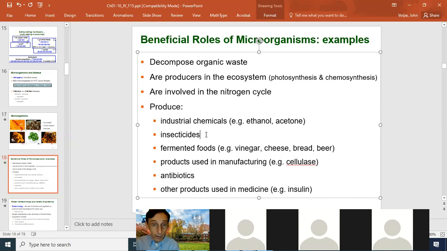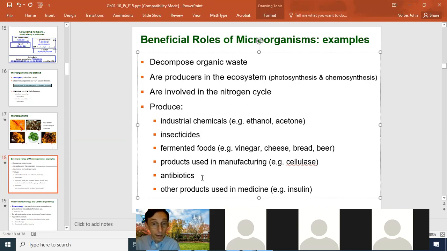We use microorganisms to make fermented food. That includes vinegar, cheese, bread, beer, chocolate. We use microorganisms to make some products in manufacturing, like cellulase. We use microorganisms to make some antibiotics, like penicillin G.